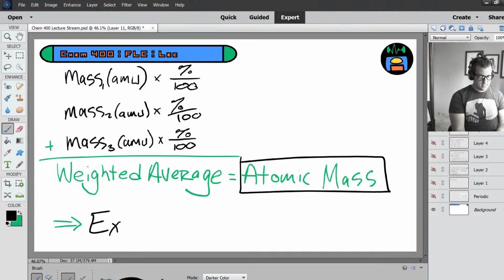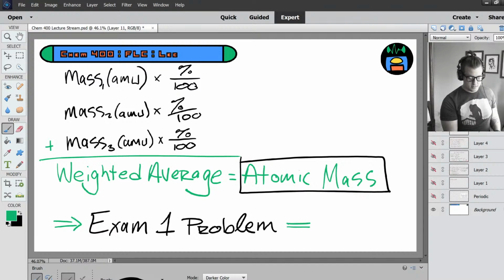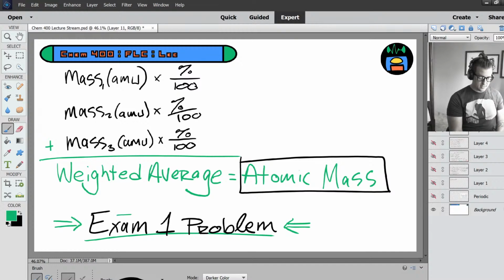This is an excellent exam 1 problem right here. Calculating an atomic mass using a weighted average always makes it onto the exams I write. So this is one of those things that you want to learn because you will definitely be tested on it.